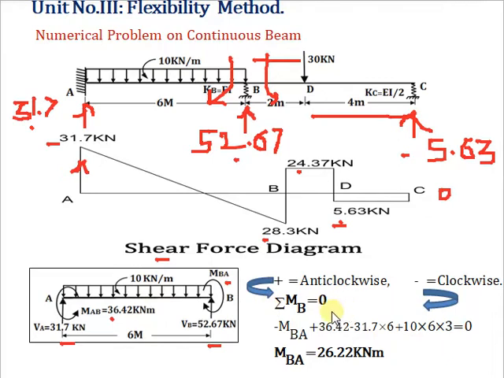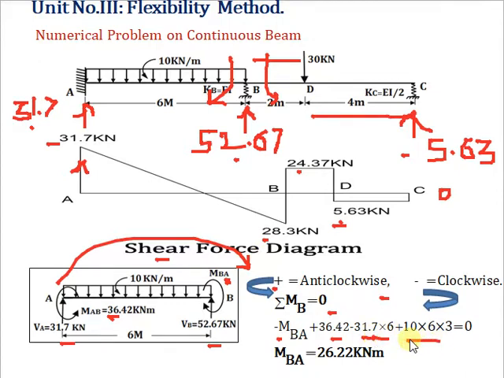Now take moment about B, anticlockwise positive and clockwise minus. First is MBA moving in a clockwise direction, our assumption, so minus MBA. Next is plus 36.42. Next is the moment due to the reaction, which is in a clockwise direction, so minus 31.7 into 6.